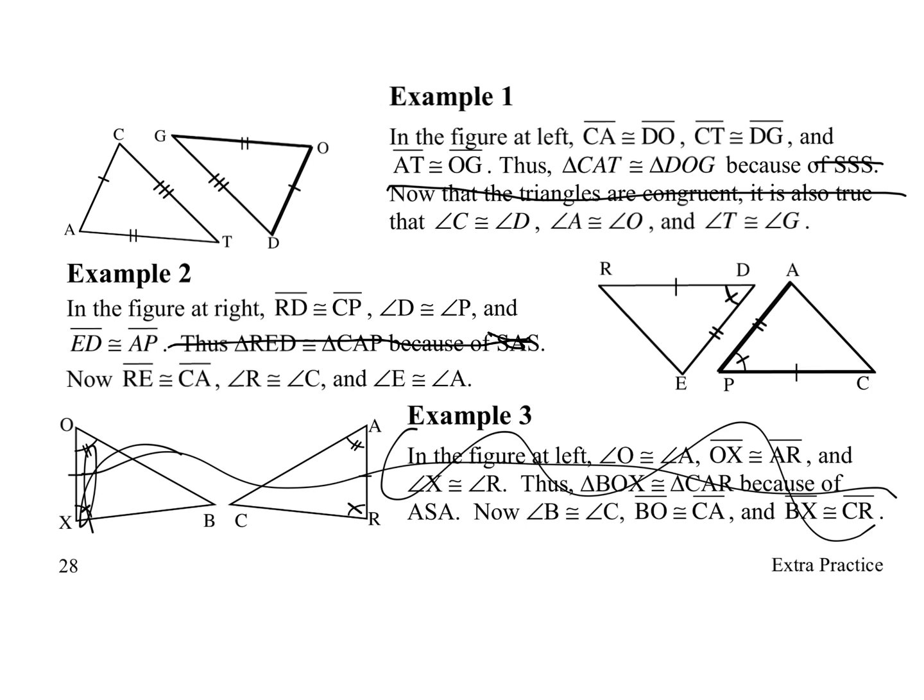But we also now know that RE is congruent to AC. And we also know that angle R is congruent to angle C. So let's put the little marks in. This one will use 2 marks. And we also know angle A is congruent to angle E. So we'll use 3 marks.